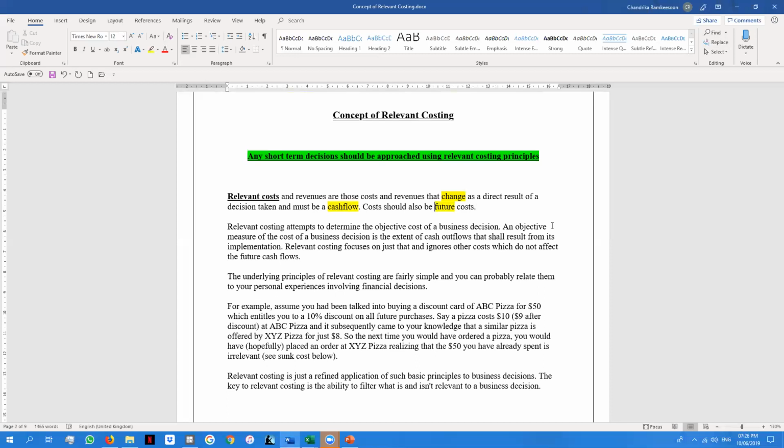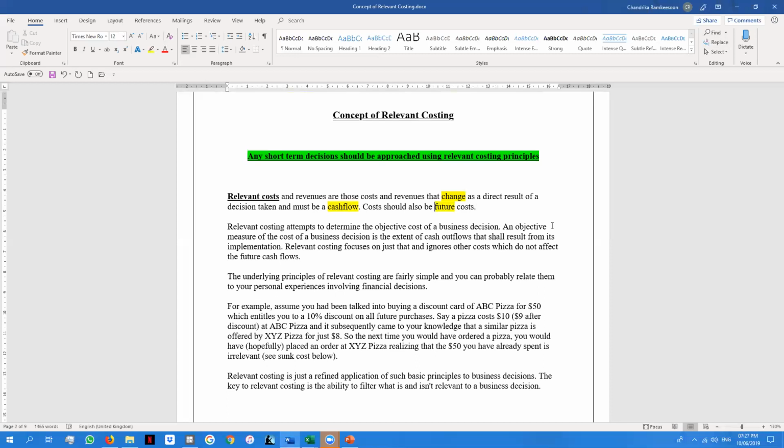Relevant costing focuses on just that and ignores other costs that do not affect the future cash flows. The underlying principles of relevant costing are fairly simple, and you can probably relate them to your personal experiences involving financial decisions. And that's the easiest way.